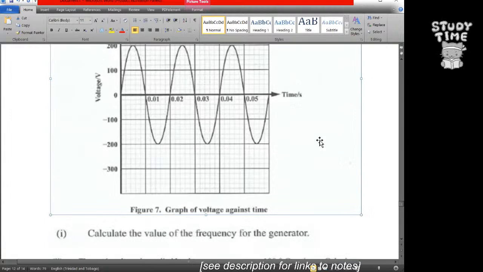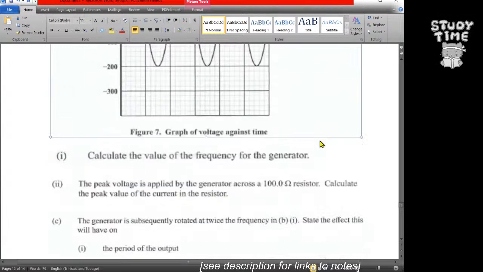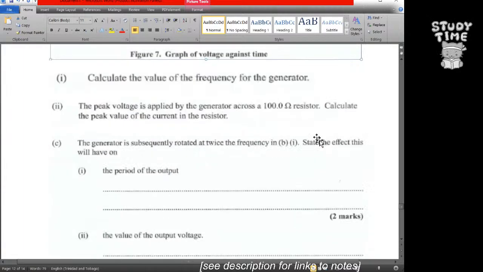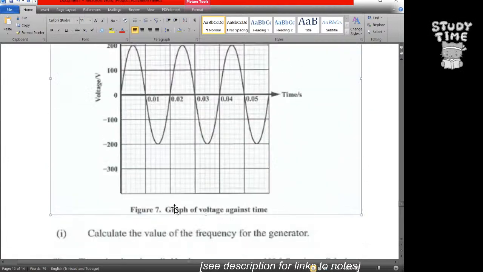Calculate the value of the frequency for the generator. Calculate the peak voltage. Then calculate the period of the output, or state the effect it will have on the period of the output. Oh, this is something different.